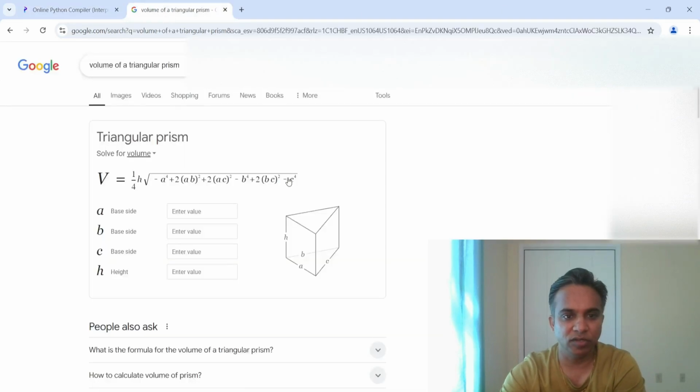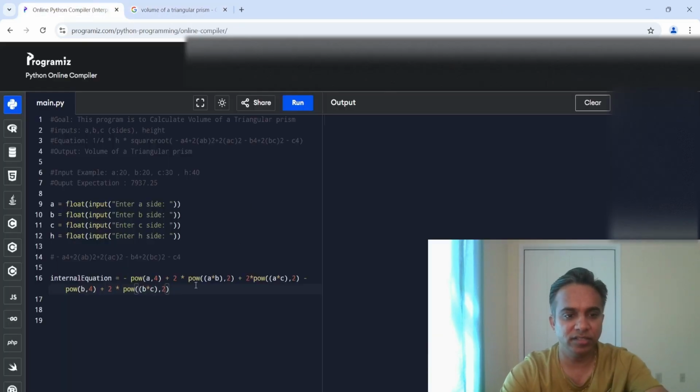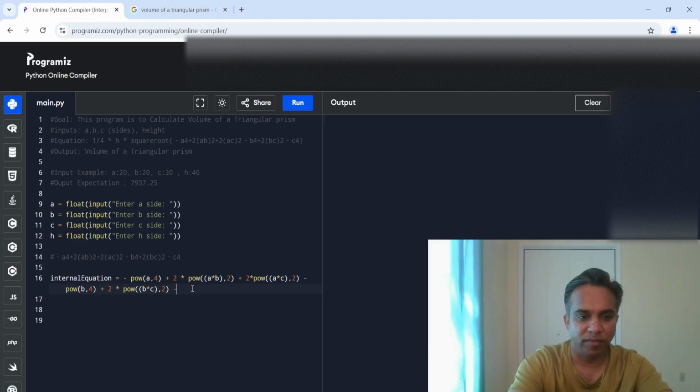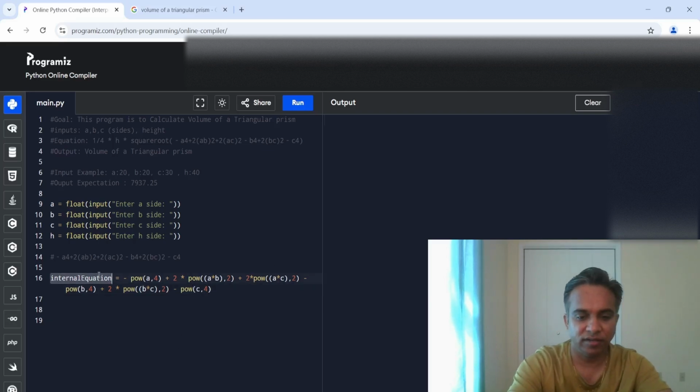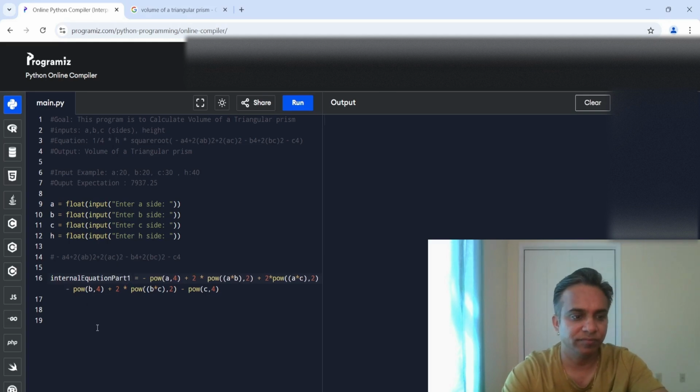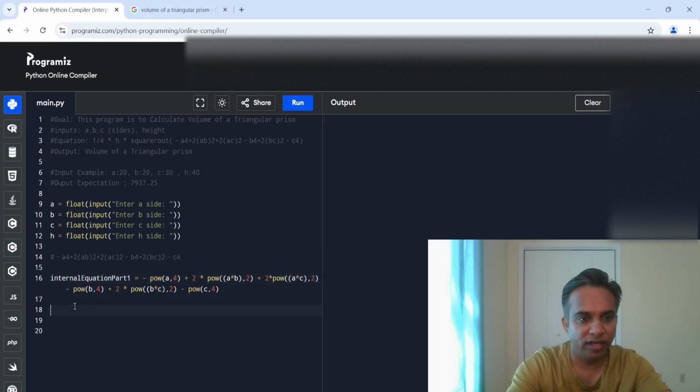So this is going to be 2BC square minus C to the power 4, minus power C 4. So this is the internal equation. We can call it internal equation part 1.